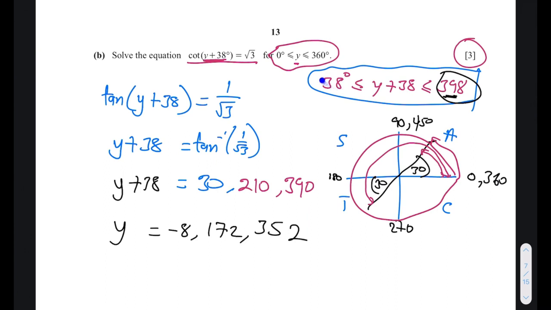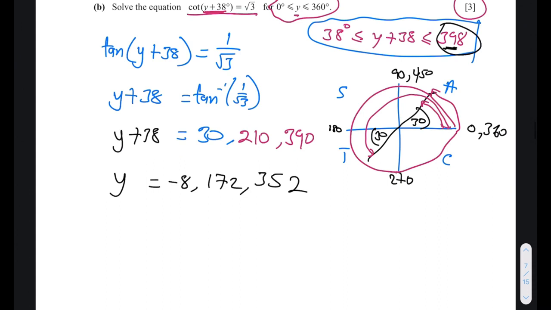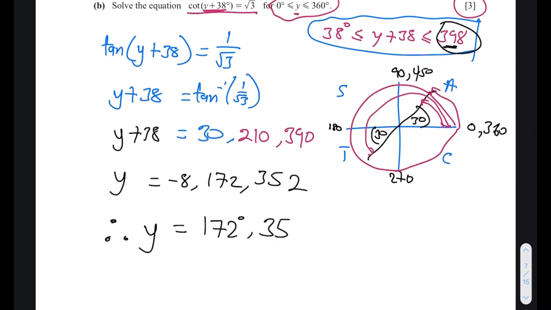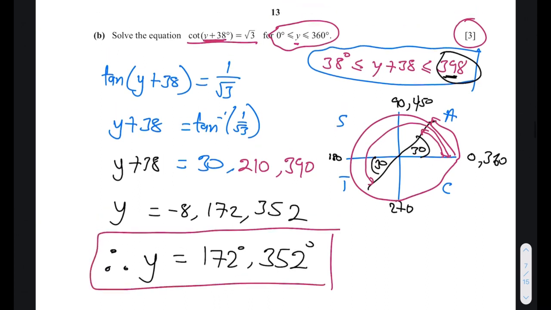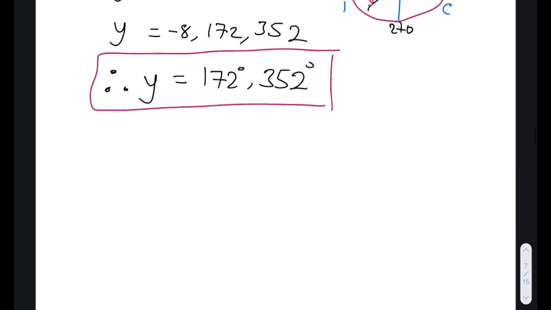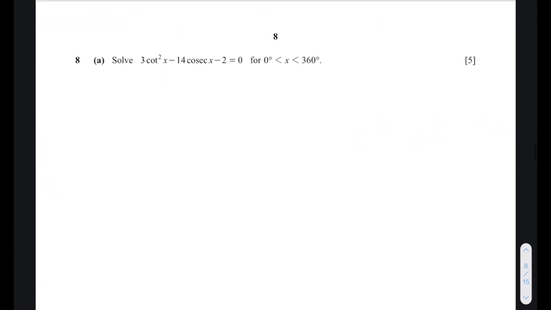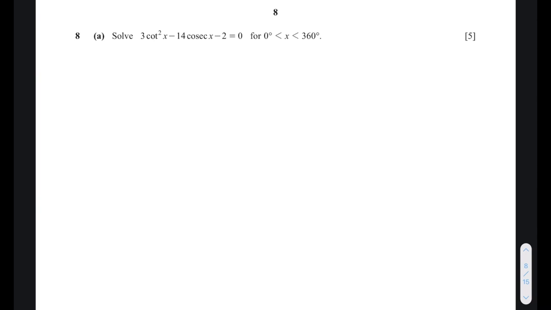Our angle is from 38 all the way to 398. So that means this negative 8 is not true. So therefore, y is equal to 172 degrees and then 352 degrees, because these angles are within the boundaries that we are working with. Okay, cool.